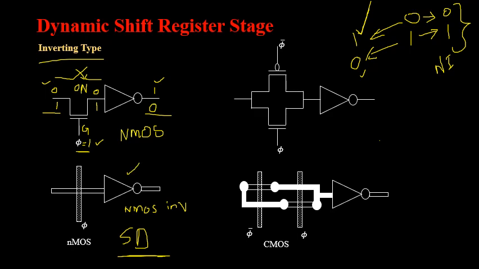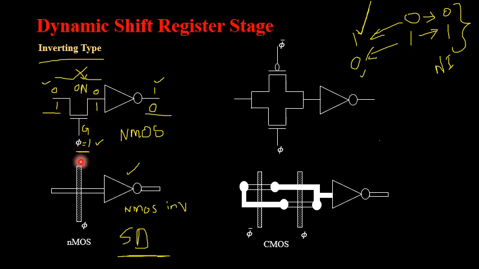Now if I want to explain how this stick diagram is drawn: you know this is a formation of an NMOS transistor, which means that polysilicon should cross N type diffusion.